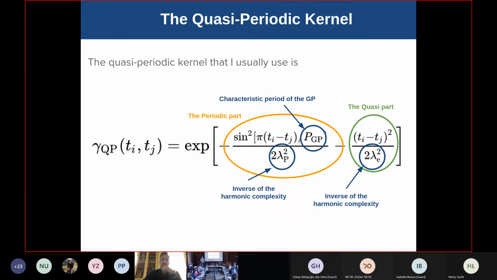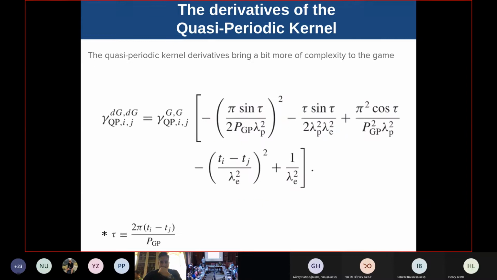I will not describe more how these things relate with physical quantities. If you want to know that, I encourage you on Wednesday to listen to Belinda Nicholson, because she will be talking more about how these signals can relate with the physical quantities of the stars. But the thing is, if we want to use this to describe our activity indicator, if we want to describe how the derivative works, the derivative works something like this.